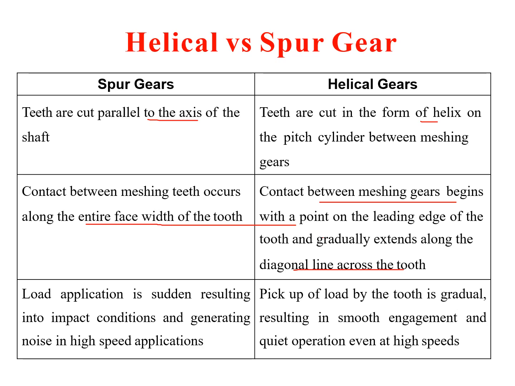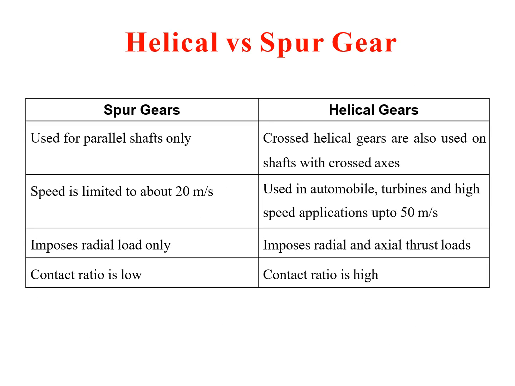Sudden contact results in noise, whereas gradual contact gives quieter operation, and the load carrying capacity of helical gear is more, which we have discussed. Next, spur gear is used for parallel shafts, whereas helical gear is used for parallel, crossed, or perpendicular shafts also.